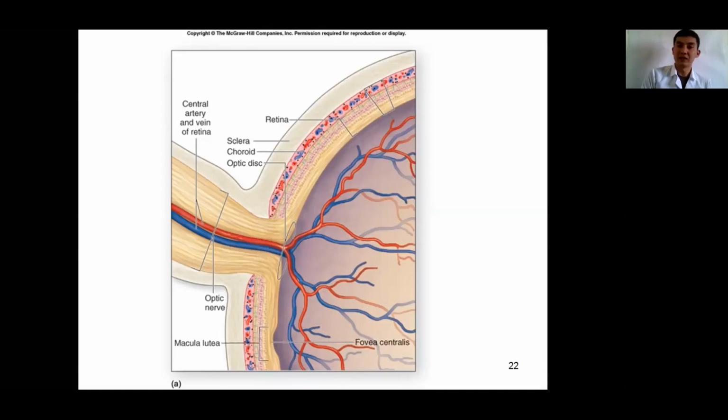It is a sieve-like structure. Some other posterior parts of the sclera are also pierced by blood vessels, such as ciliary arteries and vorticose veins that accompany those arteries.